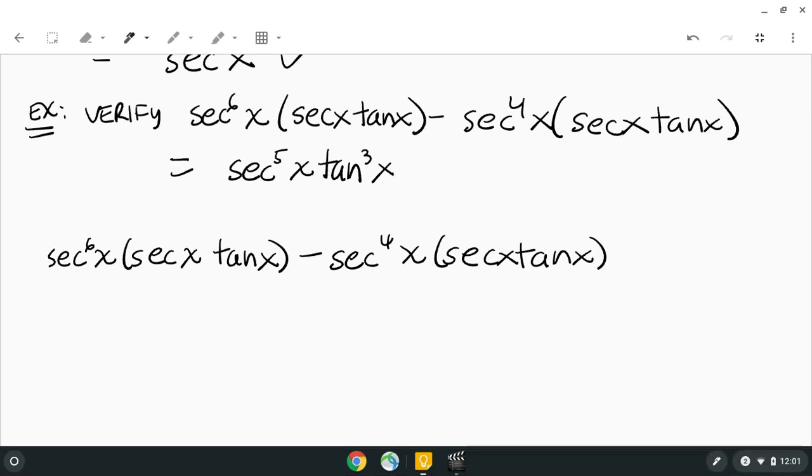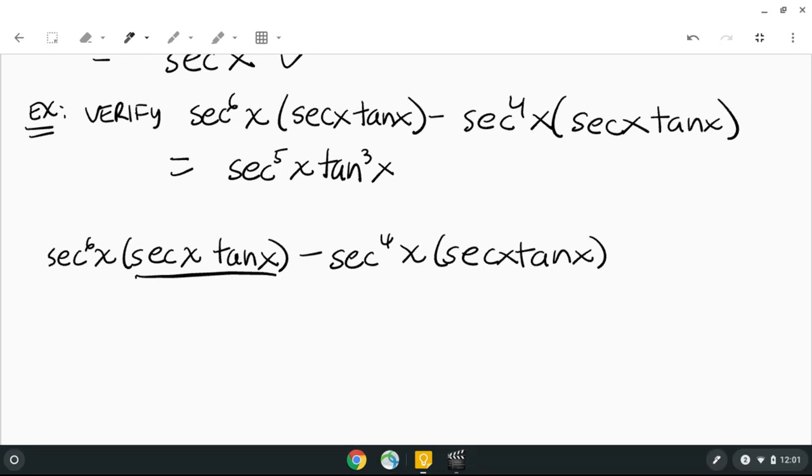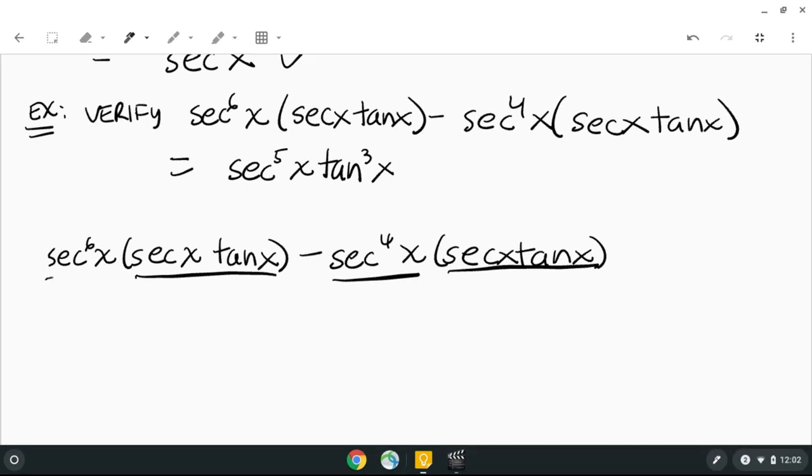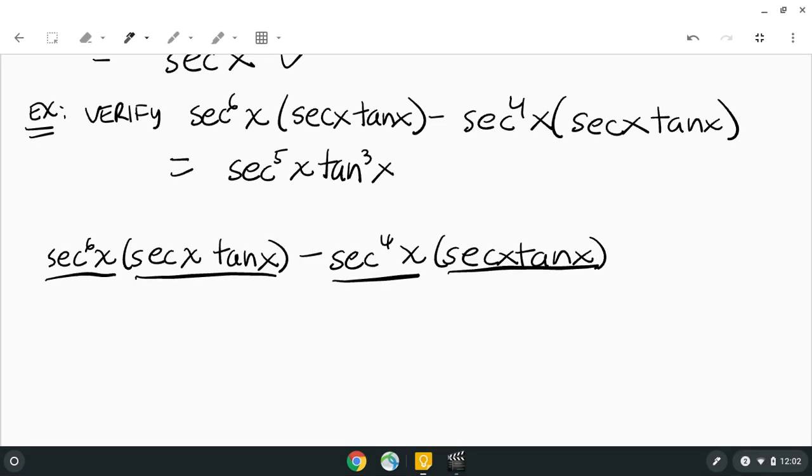In this particular case, we could factor. We could factor out a bunch of things. We could factor out secant x tangent x, and we could factor out up to 4 of these. So let's go ahead and do that.